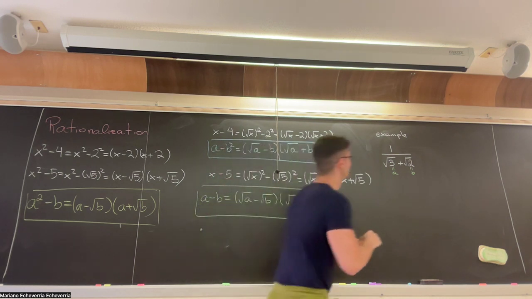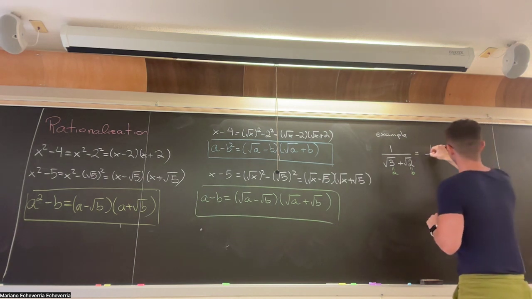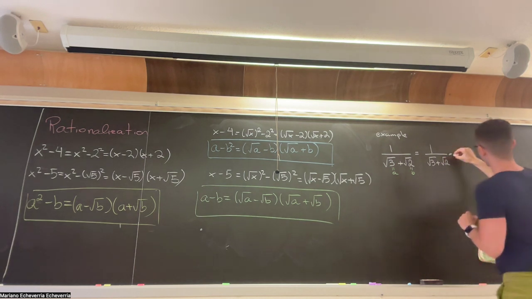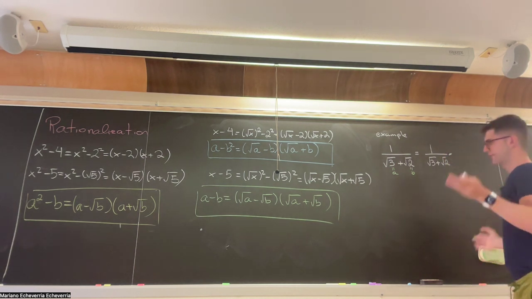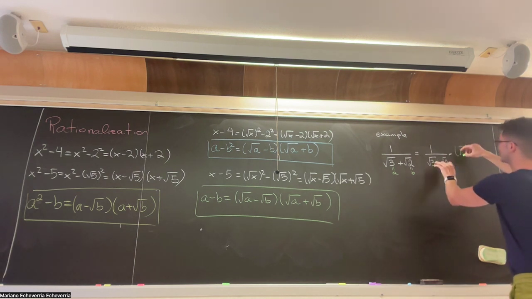That's what it means. So what I'll do is take this fraction, and this is a clever thing to do, I'll multiply by the same expression but with the opposite sign. So a plus becomes a minus.